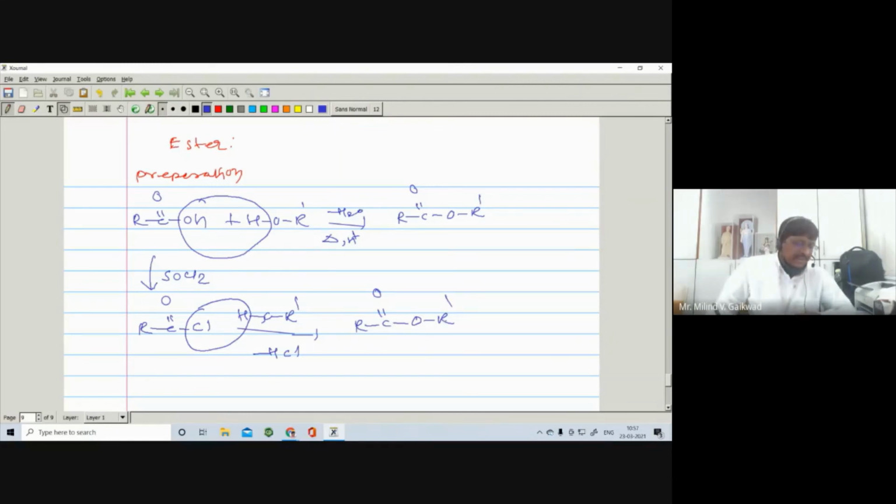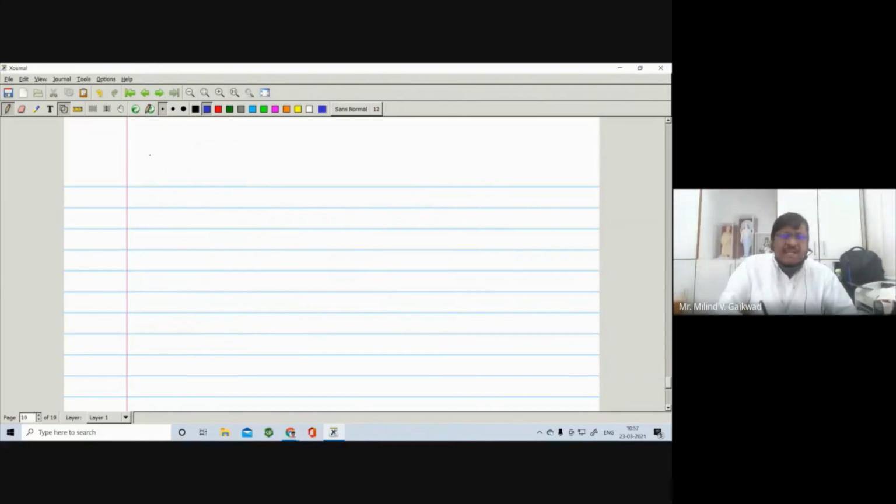So in this way you can prepare the ester. You have seen the preparation of ester. Let us see the chemical reactions. So we'll take the ester and then we'll stop. Okay.